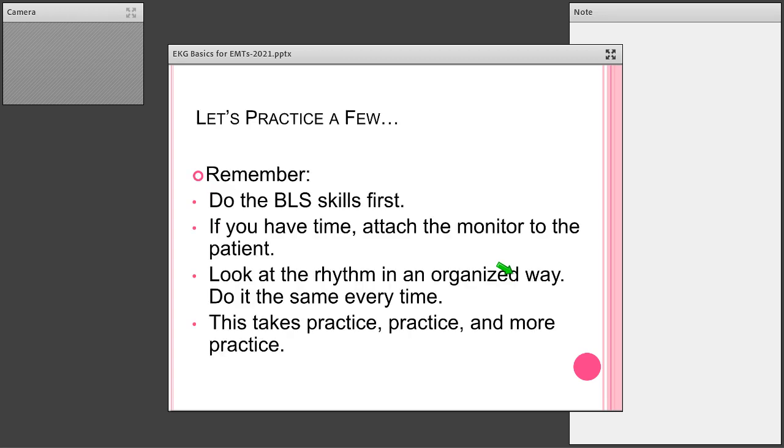So we have a patient, we did our BLS skills, we have plenty of help so we can put the monitor on the patient, and we're going to follow those 5 steps every time. These aren't 12 leads, these are just a 4-lead strip.